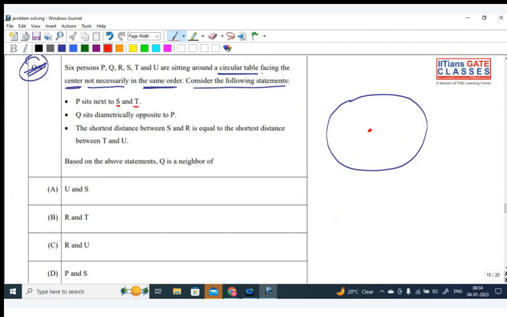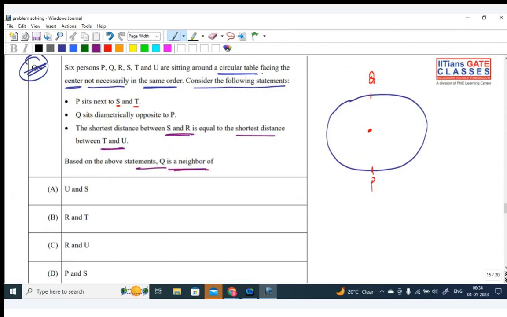And Q sits diametrically opposite to P. So you can say that P is here, so Q will be here. Okay. The shortest distance between S and R is equal to the shortest distance between T and U. Okay. So based on the above statements, Q is the neighbor of whom, right?